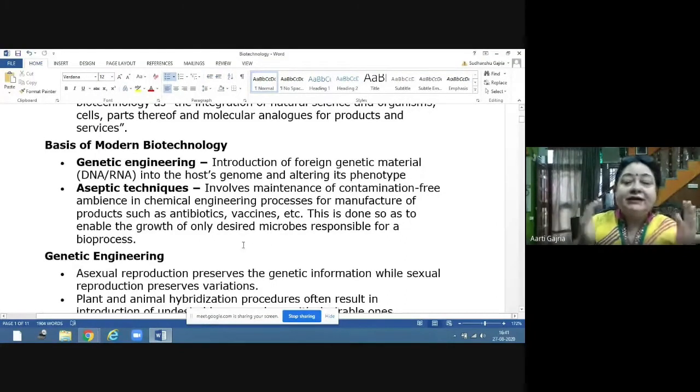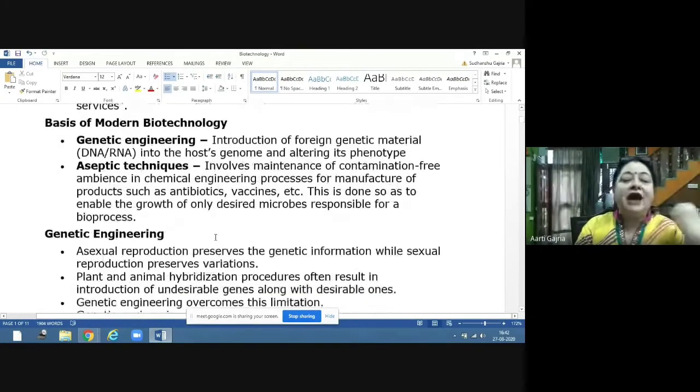That means whichever microbe we want, we will let only that microbe grow, not the other microbes which are contaminating our ambience. Clear? So these are basically the two basic principles of modern biotechnology. One is genetic engineering and second is chemical engineering.